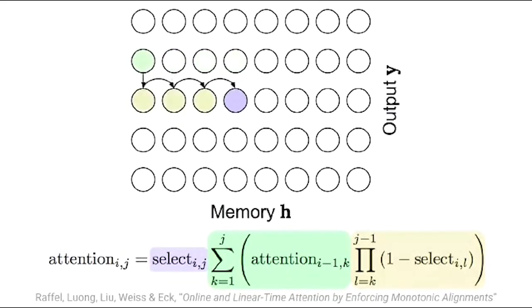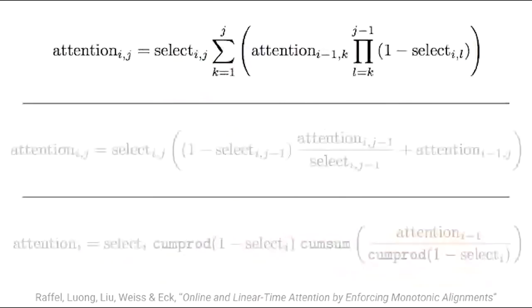And finally, we have to select memory entry j, shown in blue. So the green sum is over the four possibilities of where we could have attended at output time step 2. The yellow product is reflecting that we have to not select memory entries up to the fourth. And then we need to actually attend to the fourth entry, which is shown in blue. So this gives us a way of computing the attention distribution induced by the hard monotonic process, which will allow us to train it just like we do with softmax attention.